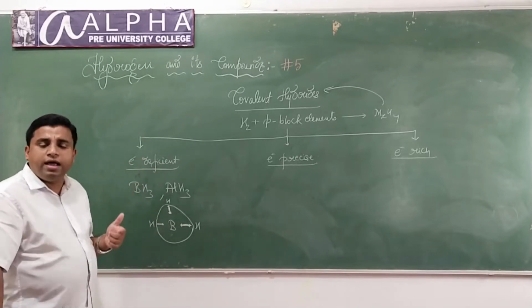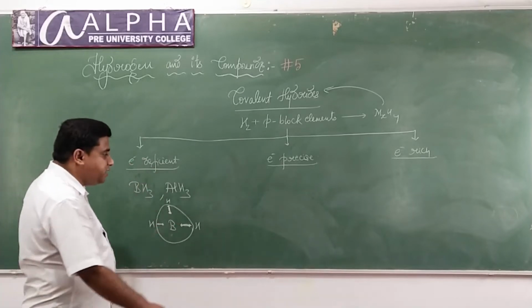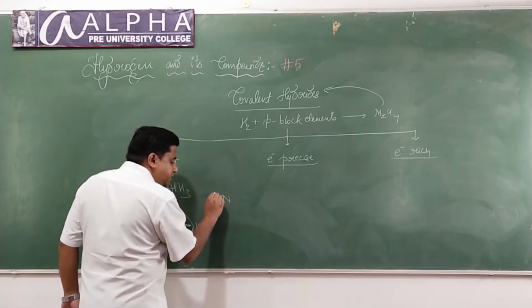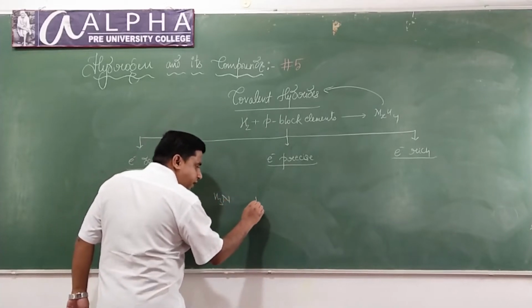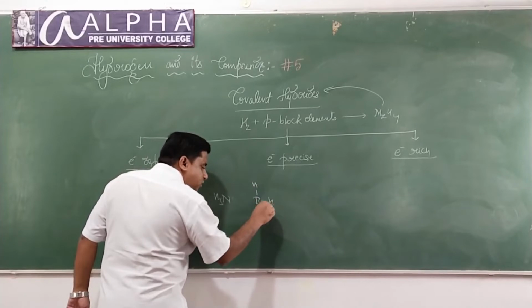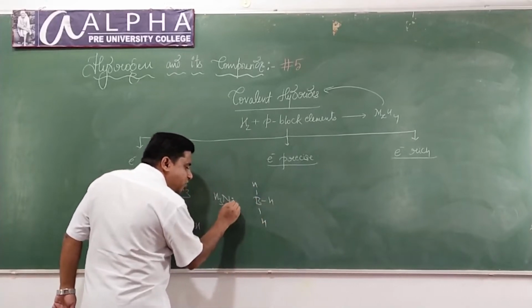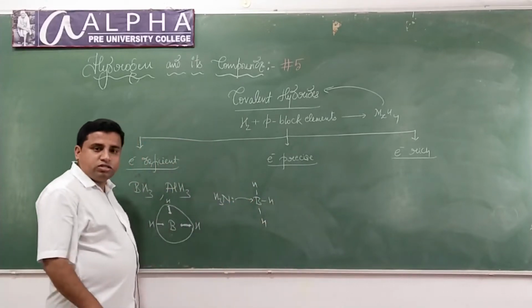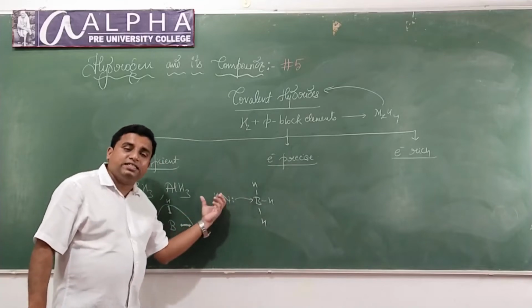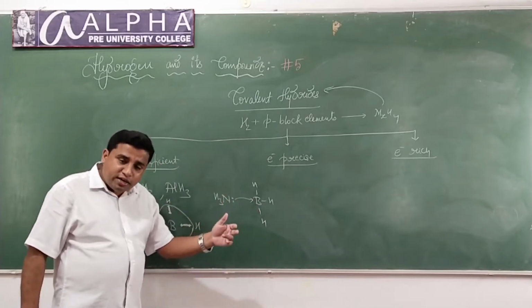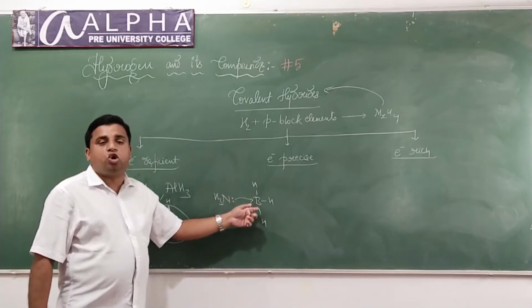These types of hydrides are called electron deficient hydrides. If any species can give electrons to boron, boron will easily accept them, because it requires 2 more electrons to complete its octet.